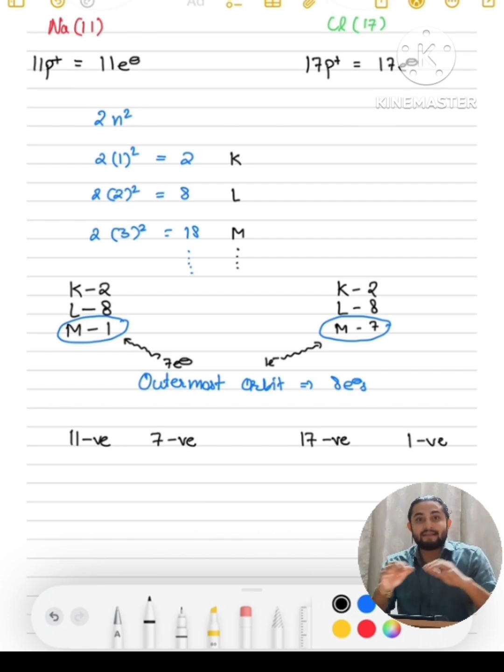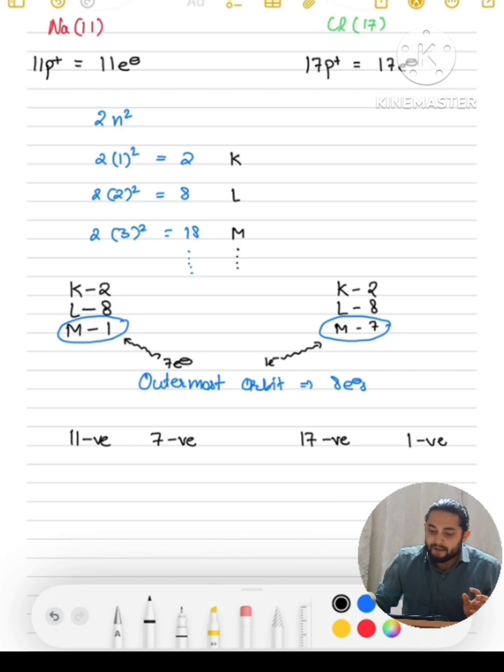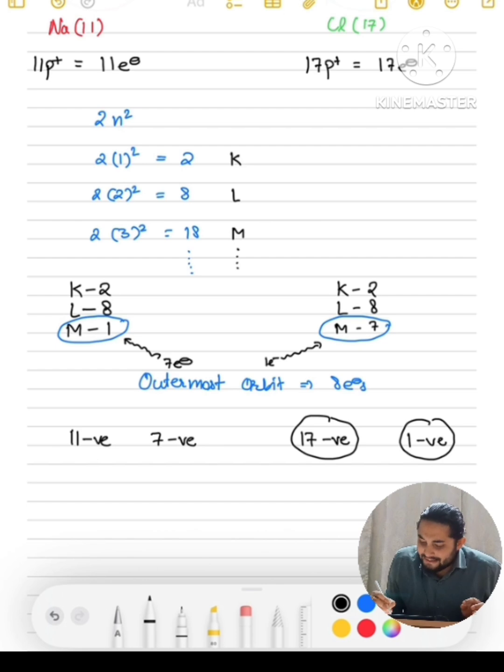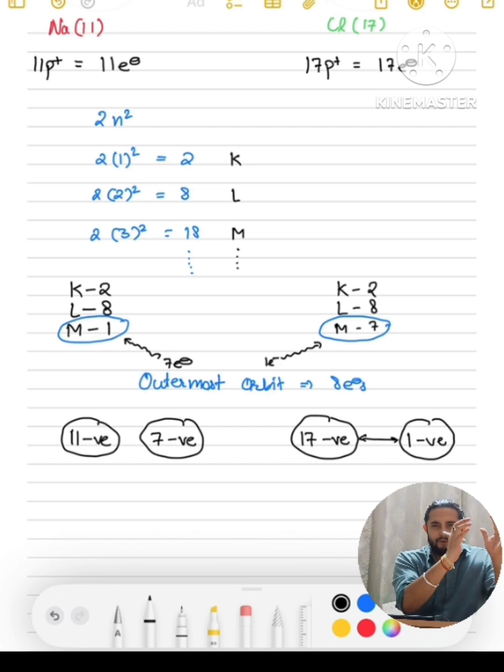Look at chlorine, there are 17 and just 1 it is trying to bring in. So 1 is a very small number in front of 17. These are not comparable, right? So the repulsion between like charges, that is negative and negative, in the case of chlorine will be very less, very negligible. But talking about sodium, the repulsion between these charges, the 11 negative and 7 negative, will be huge, and they will repel each other, and it cannot add 7 more electrons in its orbit. So this is not possible.